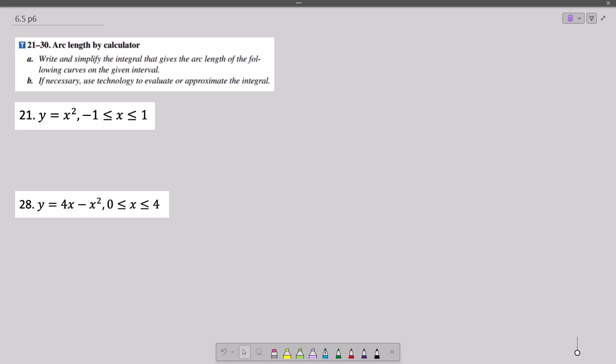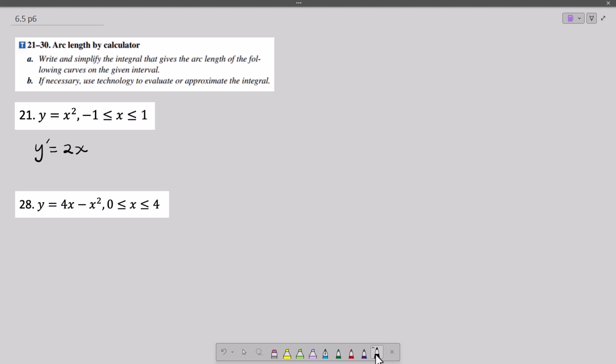So let's just talk a little bit about how you can do this on a calculator. Because you can do it on a calculator, you can do it in Desmos. Obviously I'm not going to ask you to do this on a test to find the arc length with a calculator because you're not doing any math really. But I just want to make sure you understand how to do it. So we definitely need to take a derivative.